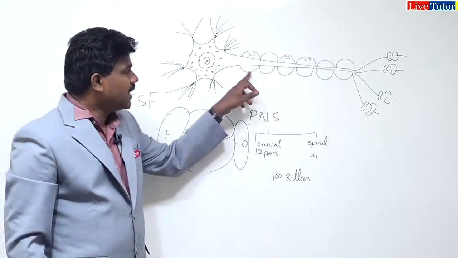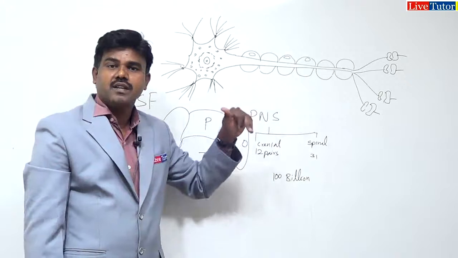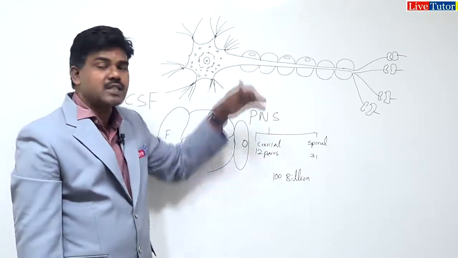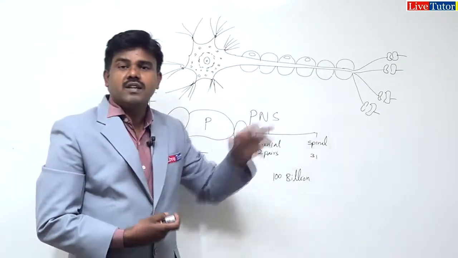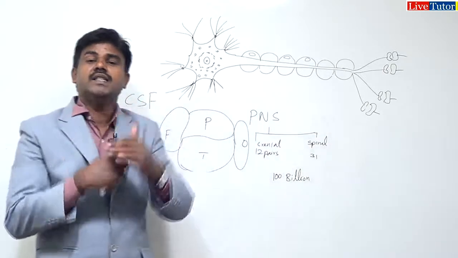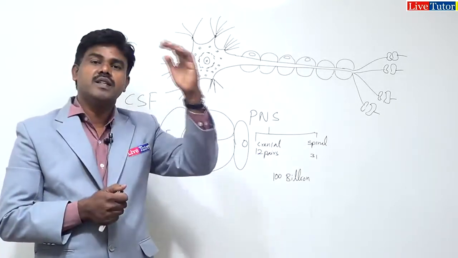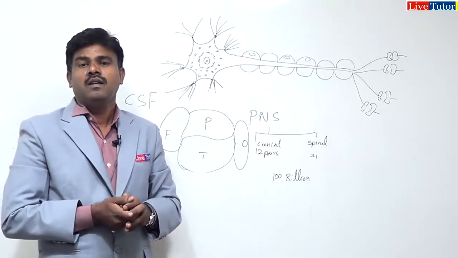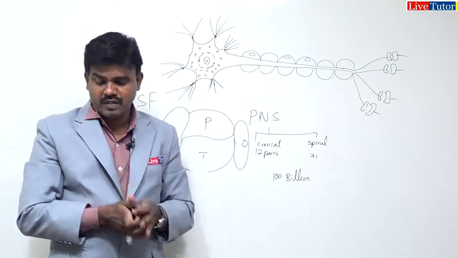Here it acts as an insulator; it never transmits impulses. So inside the brain, the white matter is medullated neurons, and the outer is grey matter. Whereas in the spinal cord, the inner is grey matter and the outer is white matter.